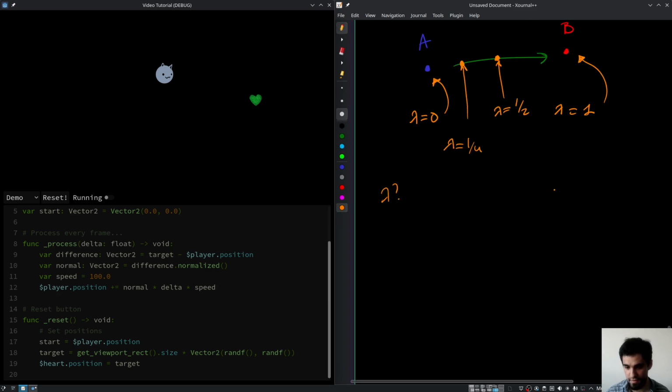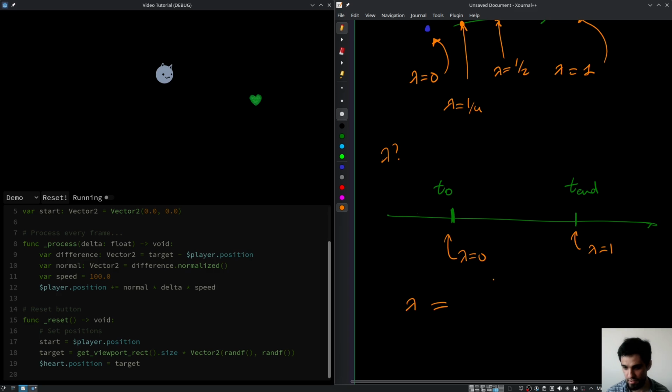The idea is that if we look at time, this will be my t0, this will be my t end, so the beginning and the end, and we want lambda to be 0 here, and lambda to be equal to 1 there. And so we can say that lambda is going to be equal to, well, of course, at some specific time t, the question is, what is lambda equal to?